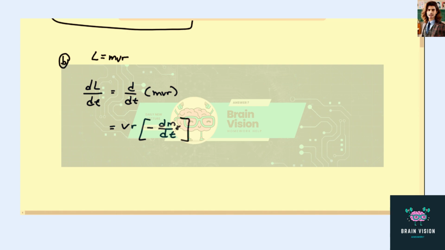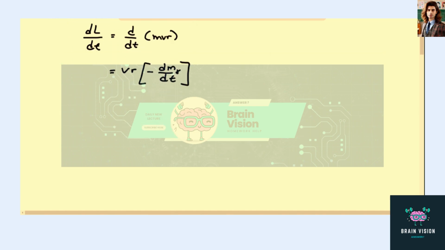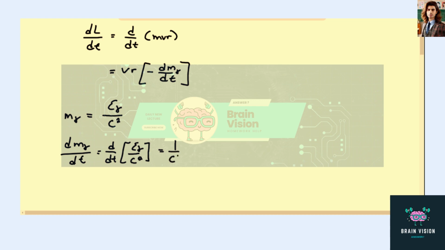And m lambda is the mass of the photon, by the way. The mass of the photon is the energy of the photon divided by the speed of light squared. If we take the derivative with respect to t, we end up with d/dt of E lambda times 1 over c squared.